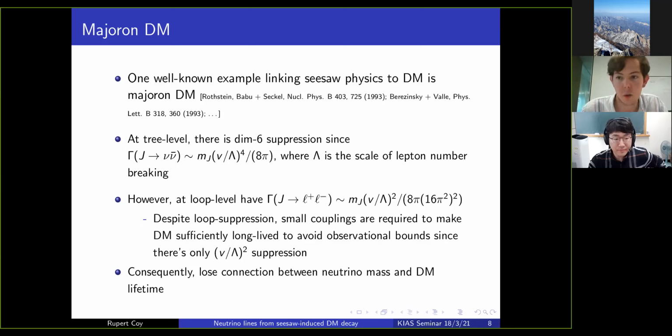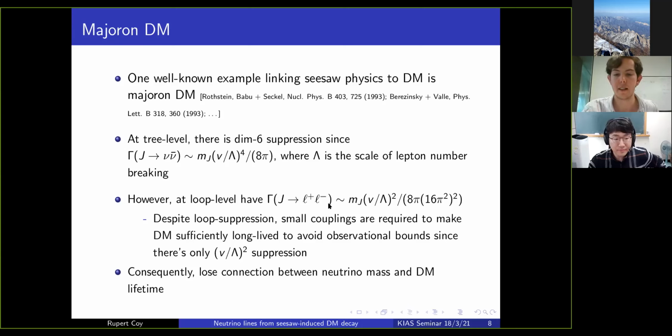But the reason why this doesn't work is that when you go to 1-loop level, you have the decay of Majorons to charged leptons. Even though that's loop suppressed, that only goes as v on lambda squared. So it's like this dimension 5 induced decay. The loop suppression is small, but it's not nearly as small as the v on lambda suppression.